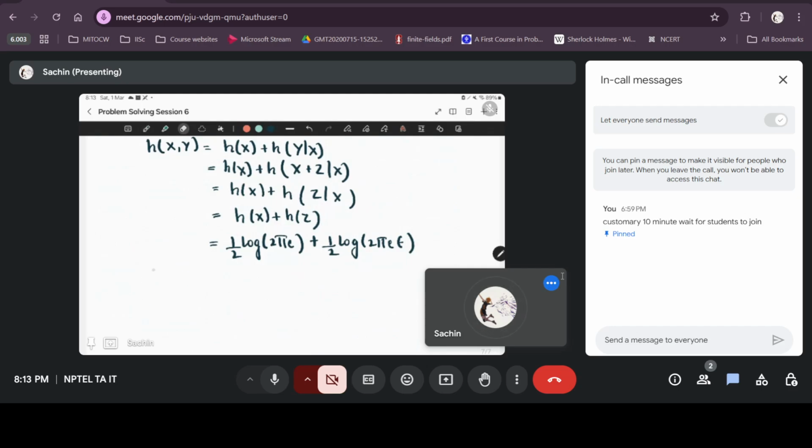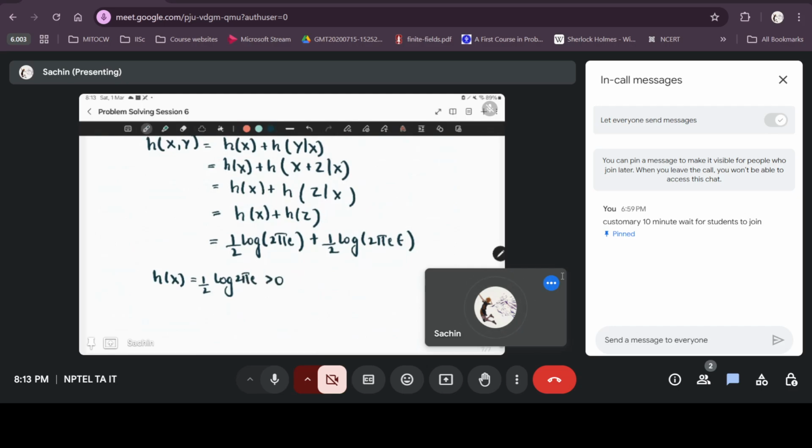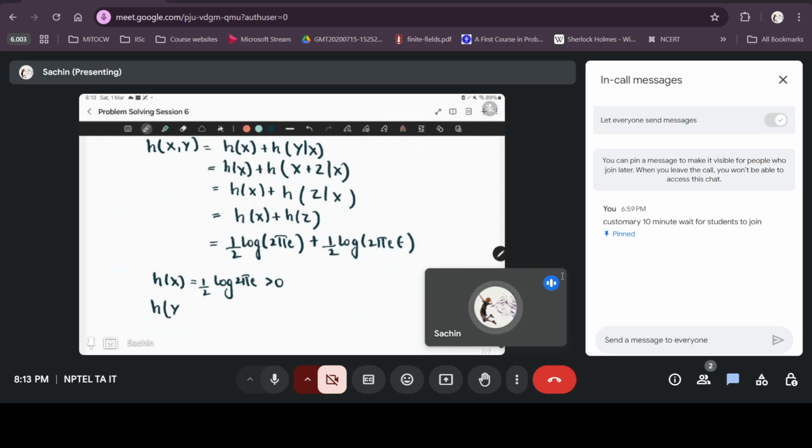So h of x is half log 2 pi e, which is greater than 0. H of y is half log 2 pi e into 1 plus epsilon.